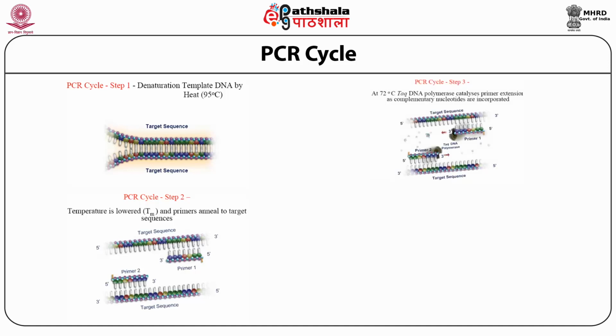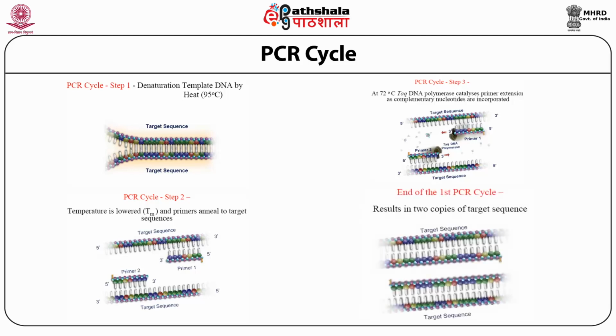The third step is elongation. With the help of Taq polymerase, the primer is extended on the template DNA with the help of dNTPs at 72 degrees centigrade, and finally at the end of the first round of the PCR cycle we get 2 copies of the target sequence.